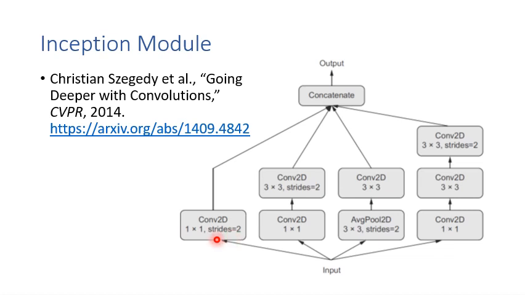As we can see, the first branch has a 1-by-1 convolution with stride 2. You may wonder why we need a 1-by-1 convolution, because we could just change the weights of the input. This is because the input data of an image is a 3-dimensional tensor, so the 1-by-1 filter focuses on filtering the channel size.